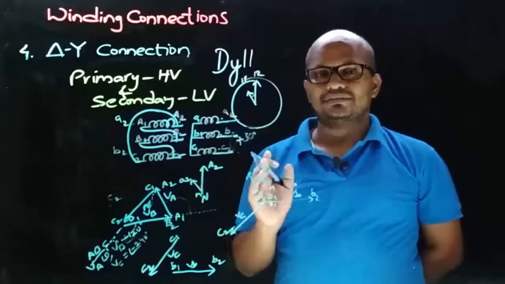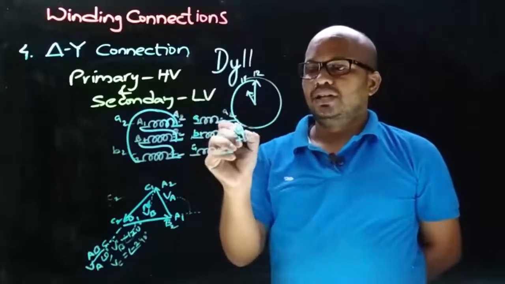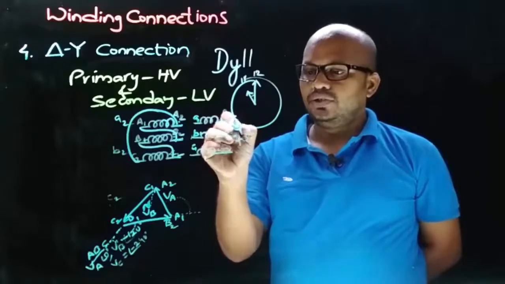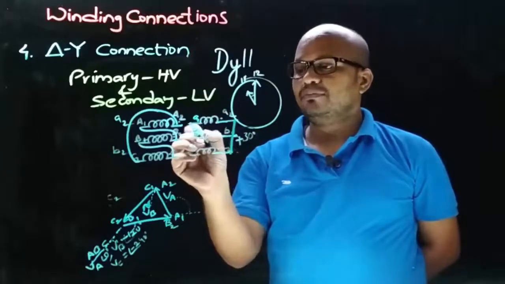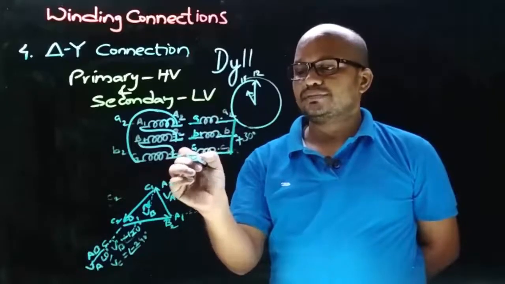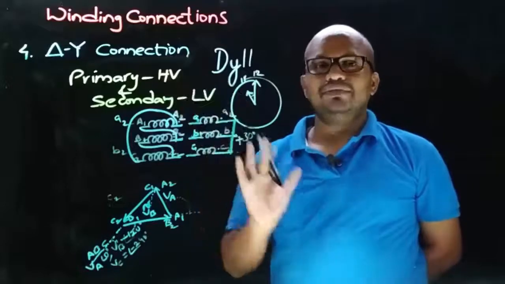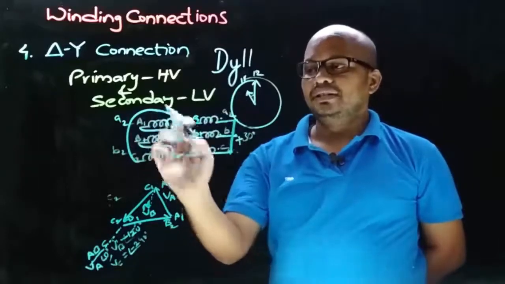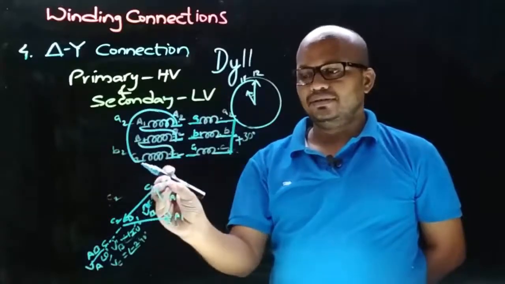Now let's see that. Therefore, in the second possible connection of delta star connection, here we are joining the dot end terminals together and taking the connections from the non-dot ends on the secondary side, that is on the LV side. As we left the HV winding connection as it is, the phasor diagram will be the same.